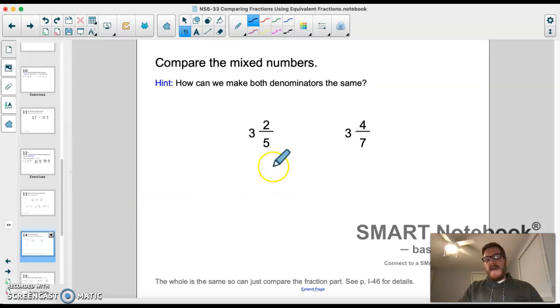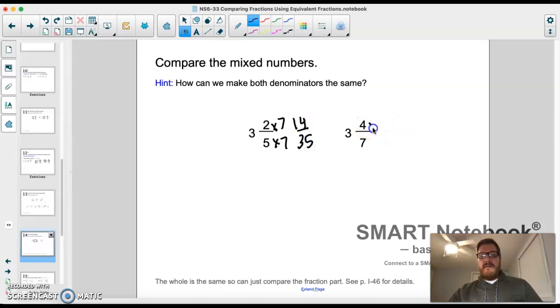What gets a little more challenging is when the whole number is the same. What we have to do is now compare the fraction part of those two numbers. Same deal, we have to figure out a common denominator, which in this case between 5 and 7 is 35. And so this has to change by a factor of 7, which is going to give us 14 over 35.